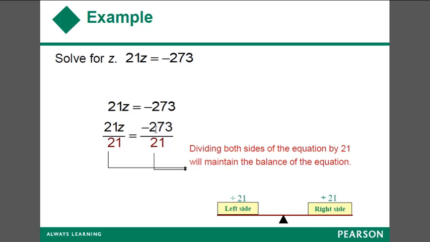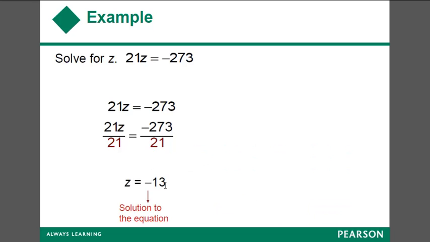And then I have a negative 273 divided by 21, which will reduce down into z is equal to negative 13. So just make sure that whatever you do to one side of the equation, you're doing to the other.